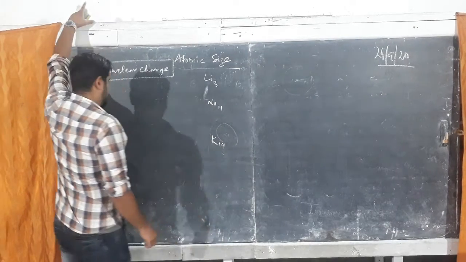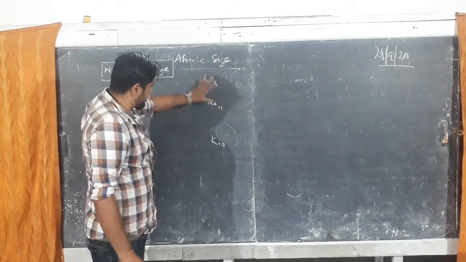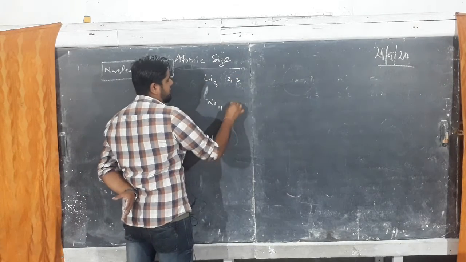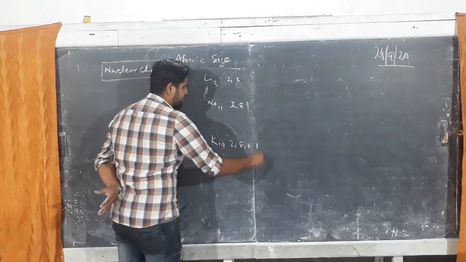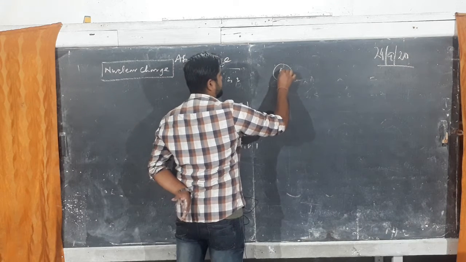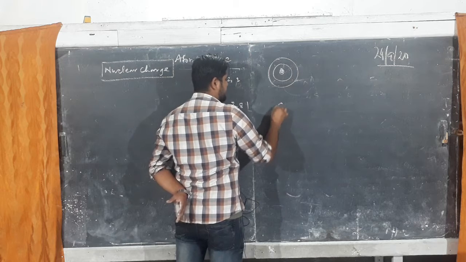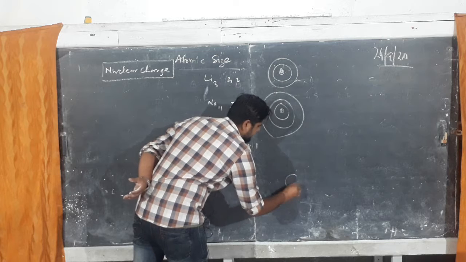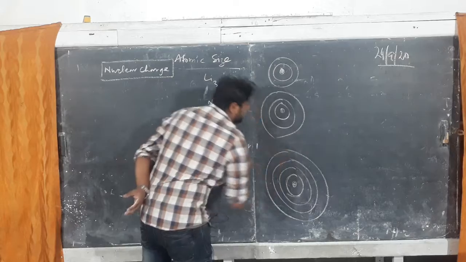We will discuss only the first three. Lithium 2,1; sodium 2,8,1; potassium 2,8,8,1. So here 2 shells. This is nucleus, first shell, second shell; nucleus, first, second, third shell; nucleus, first, second, third, fourth shell.